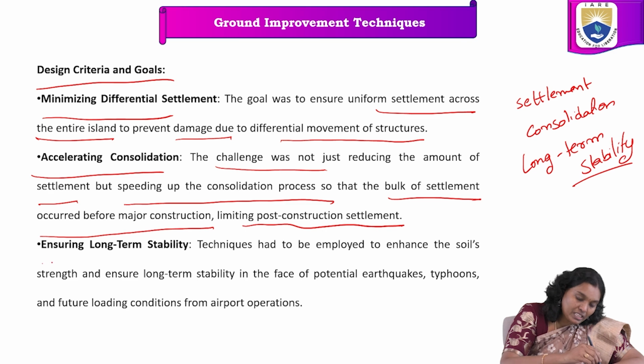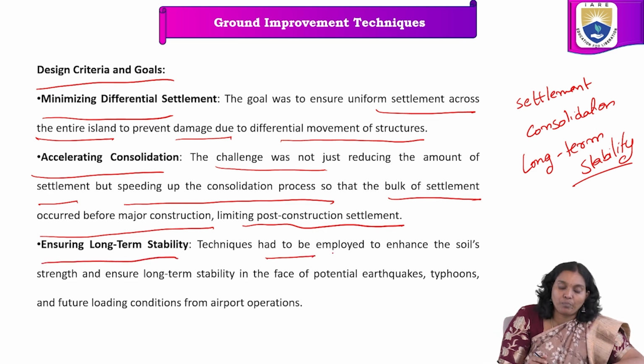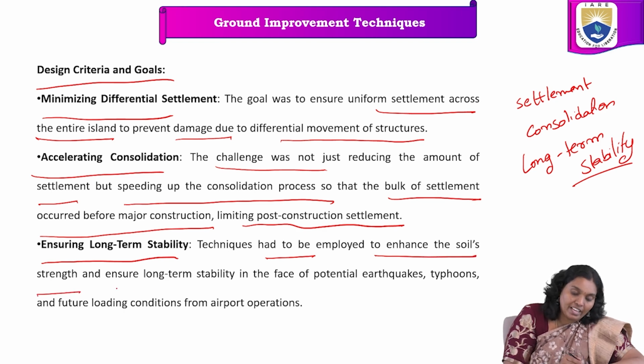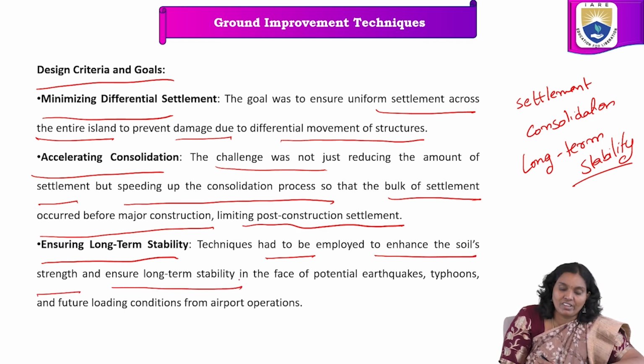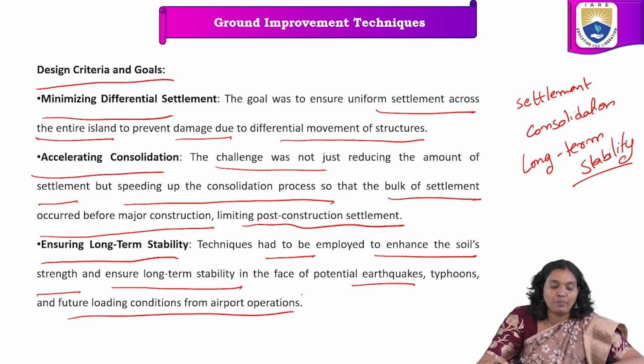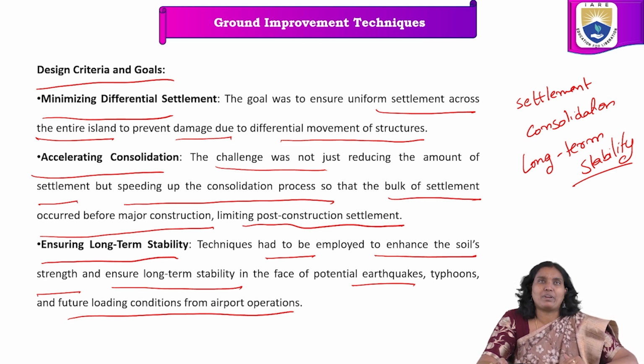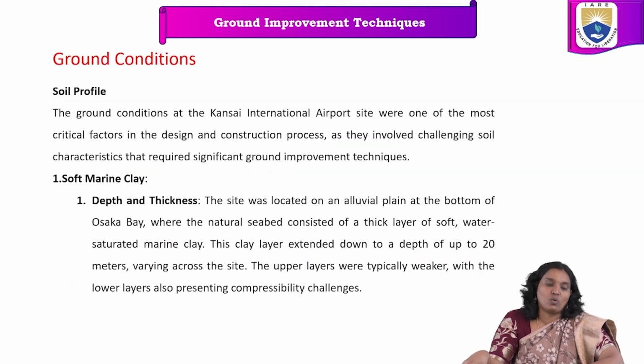In ensuring long-term stability, techniques had to be employed to enhance the soil's strength and ensure long-term stability in the face of potential earthquakes, typhoons, and future loading conditions from airport operations. These are all the parameters involved in the design criteria and goals.